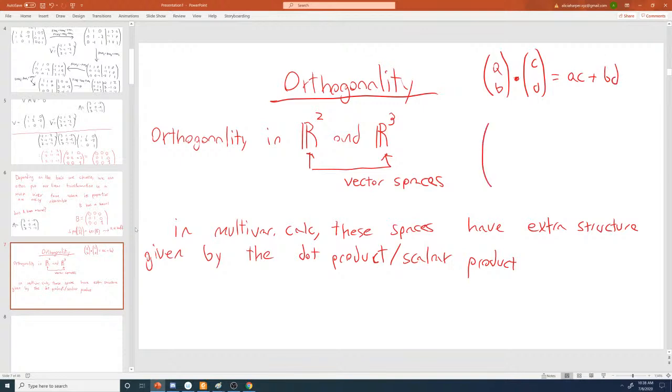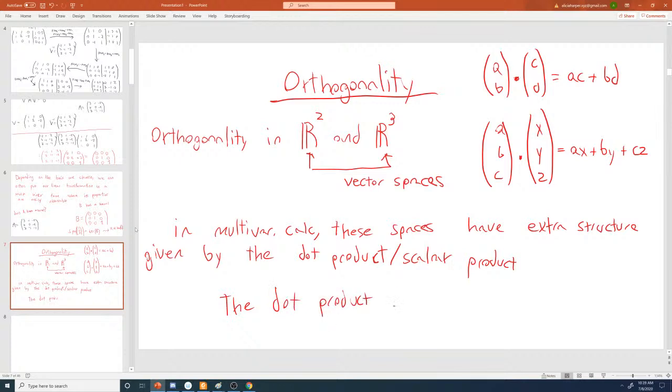Likewise, we could do the same construction in R3. So if we had (A, B, C) here, the dot product of (A, B, C) with (X, Y, Z) would simply be AX plus BY plus CZ. So the dot product takes two vectors and returns a number.